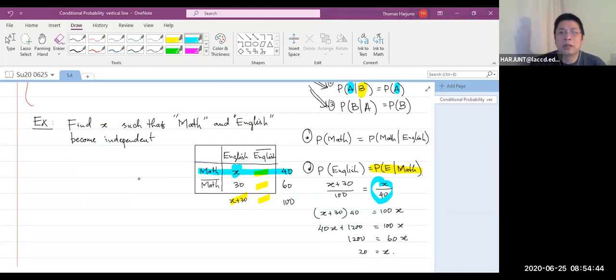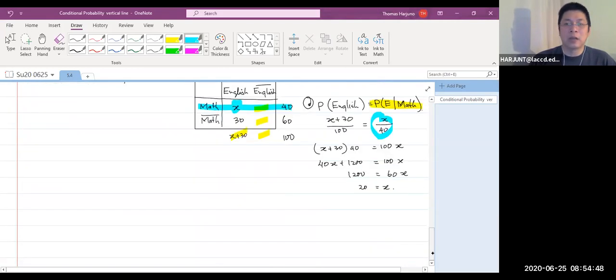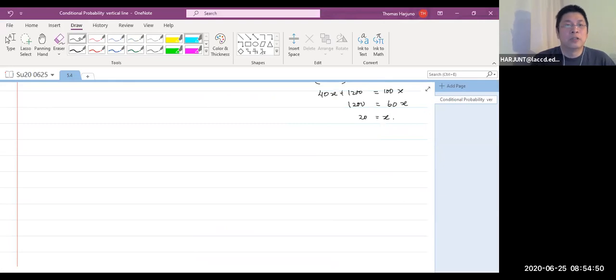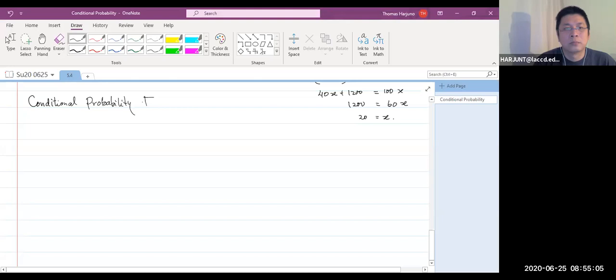Now that's a little touch base on independence. Now, the general formula, conditional probability formula. From here on, it will be fun.